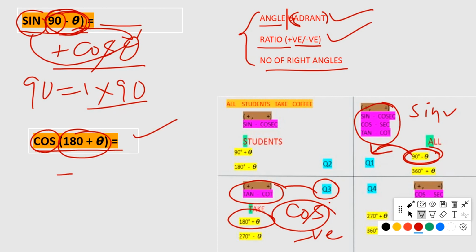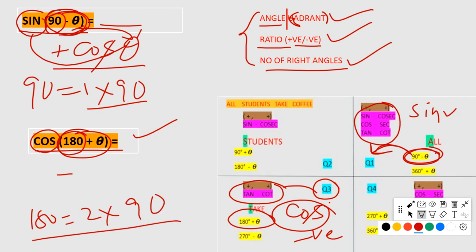Next step, number of right angles. Here the angle is 180 degrees. 180 degrees means 2 times 90. This is an even number of right angles. 2 is an even number. So 180 is an even number of right angles.